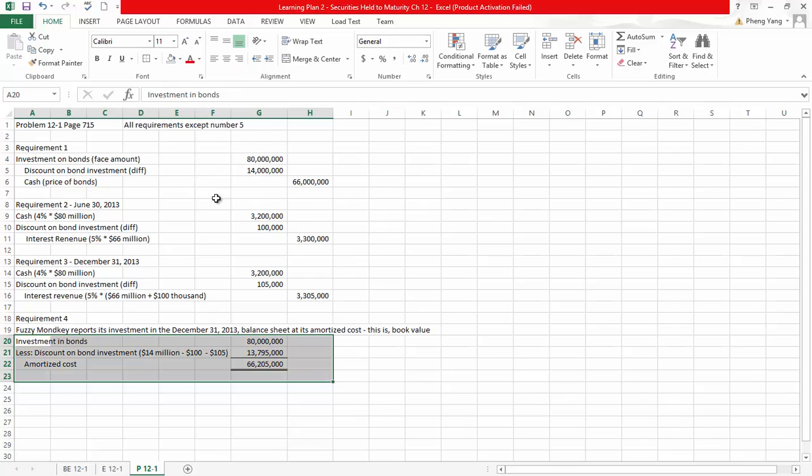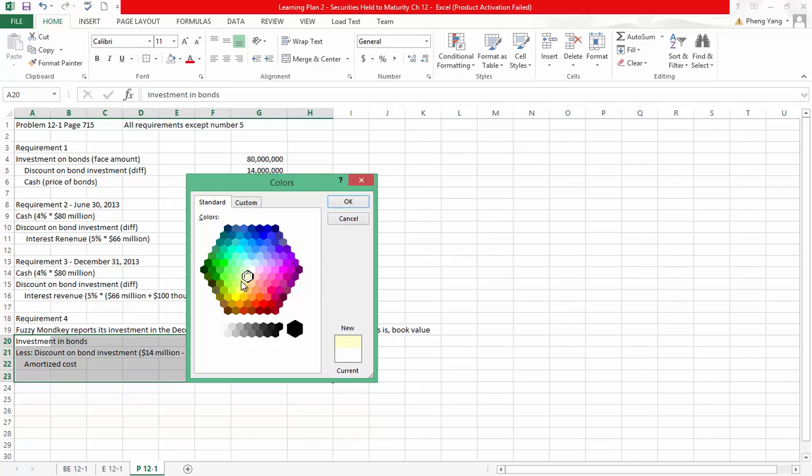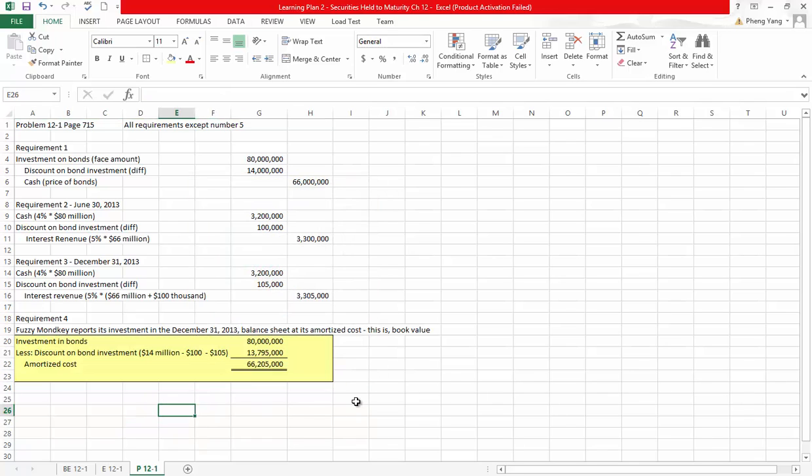Once again, I'm going to just highlight it so you know that this is how it's going to look in Fuzzy Monkey's balance sheet.